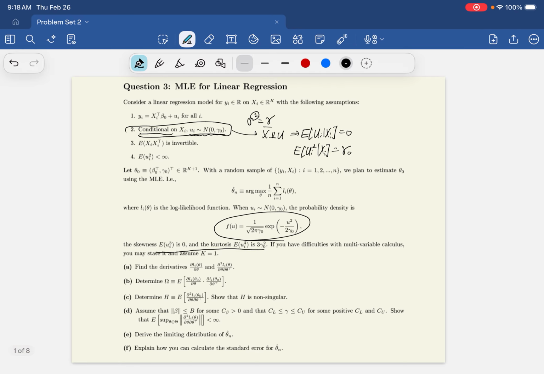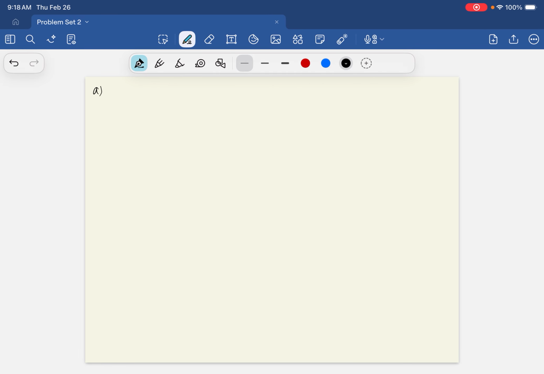First, let's think about the log likelihood. So f of u is written as 1 over square root of 2 pi gamma 0 times exponential of minus (yi minus xi prime beta 0) squared over 2 gamma 0. This was the density.